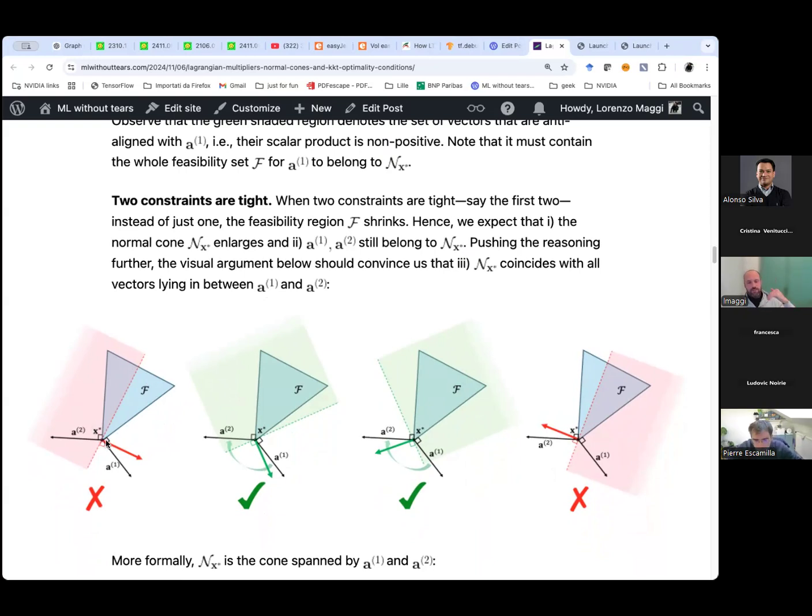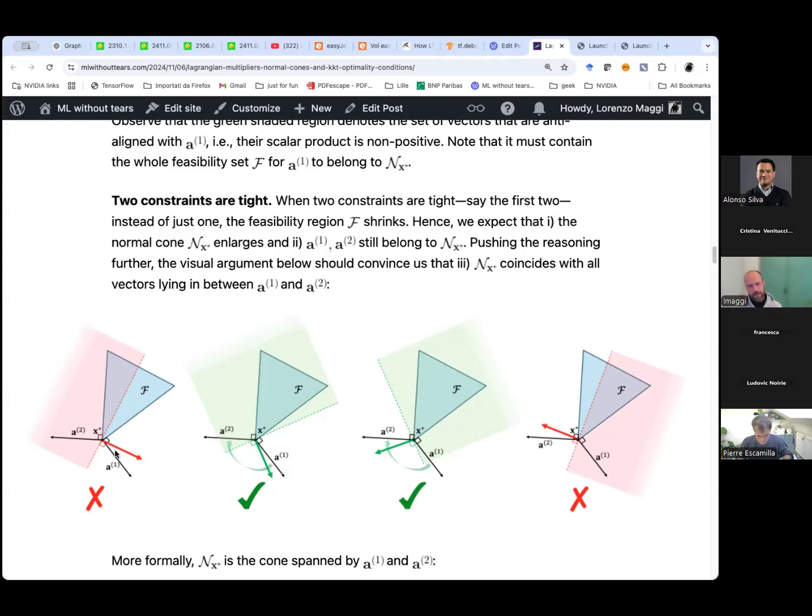What does the normal cone look like? Let's start with the negative example. Can this vector be inside the normal cone? Well, no, because any visible direction here is aligned with this vector.